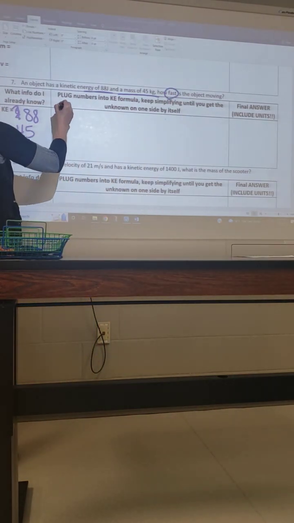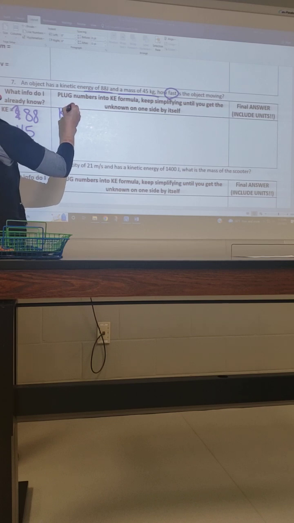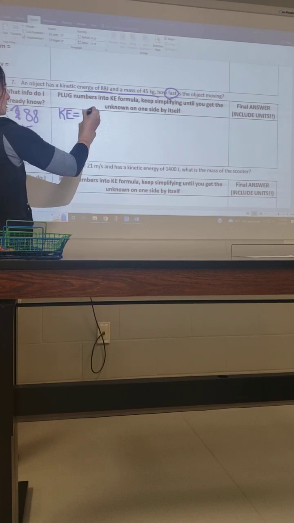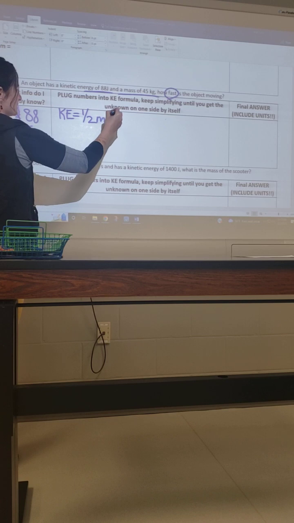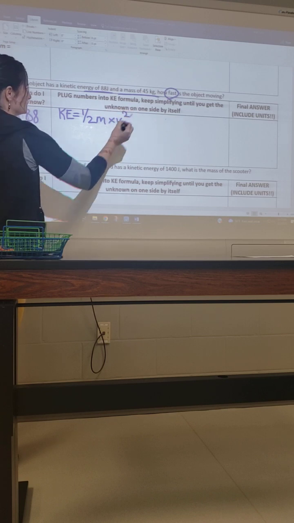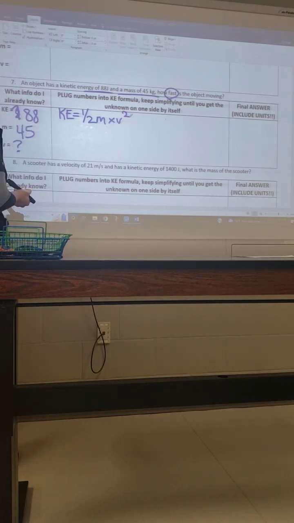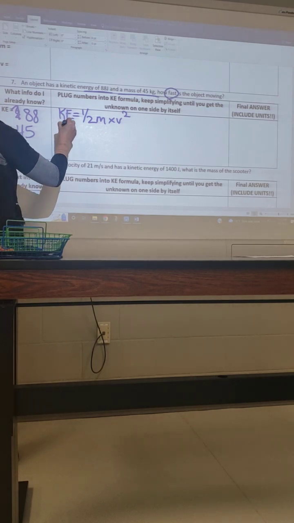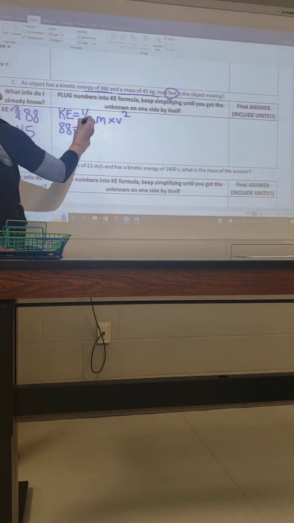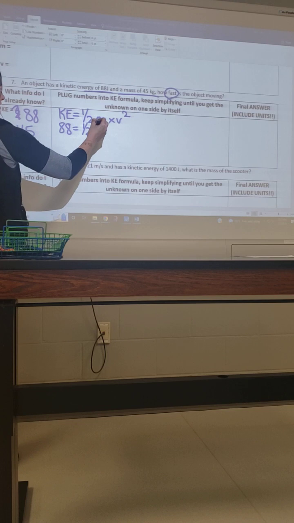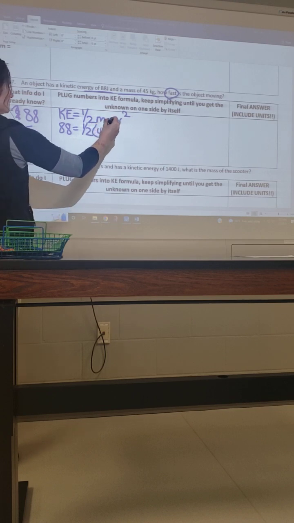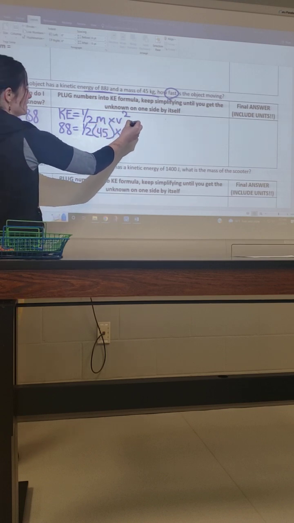So we just write the equation. There's no rearranging. We do KE equals 1/2 mass times v squared. I plug in what I know. So I know I have 88 equals 1/2, I do parentheses for 45 times v squared.